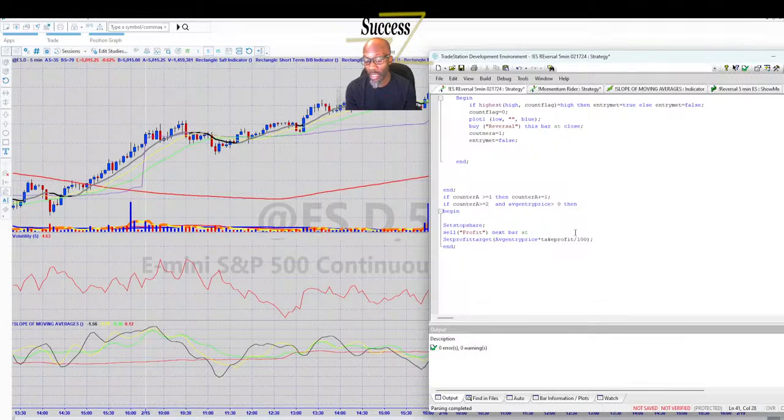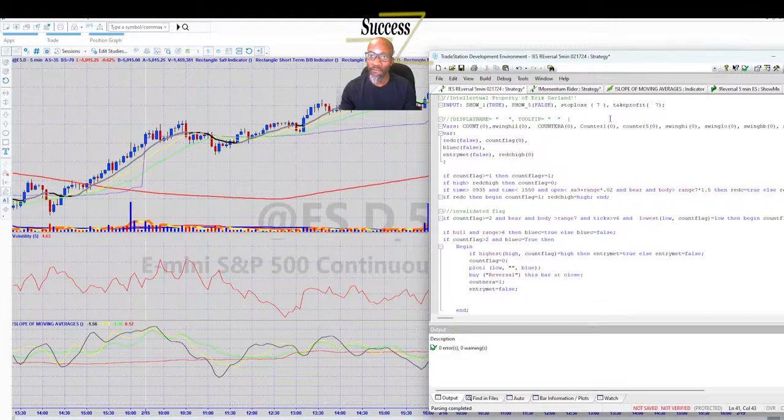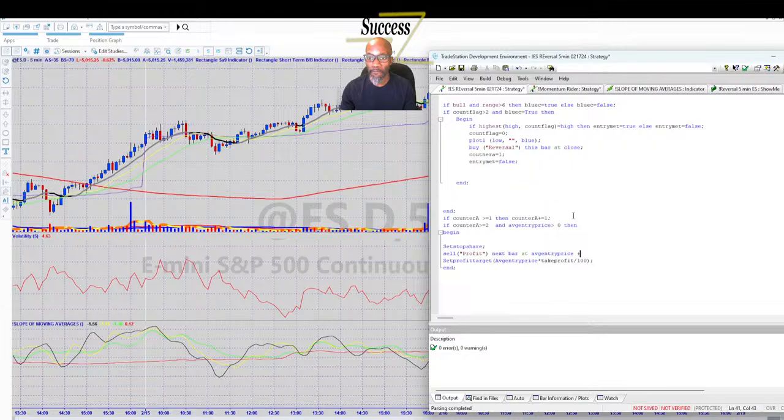So the price is going to be average entry price plus this number up here that we are going to optimize for, stop loss and take profit. Plus take profit. That should work. Next bar at that stop. I think that'll work.